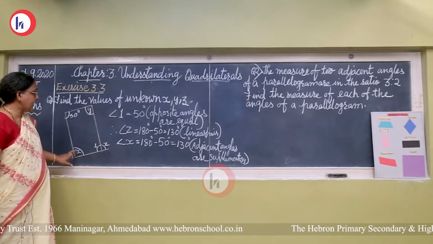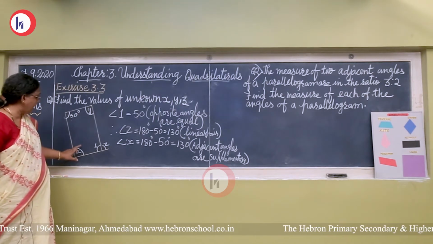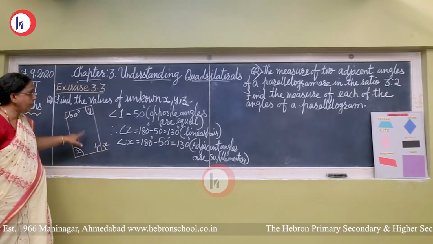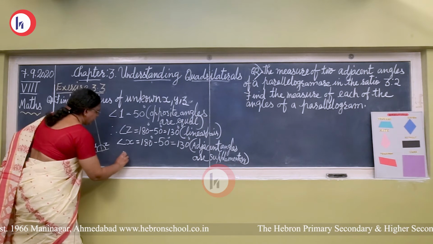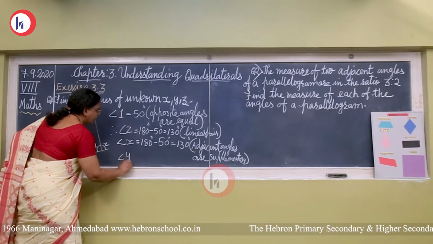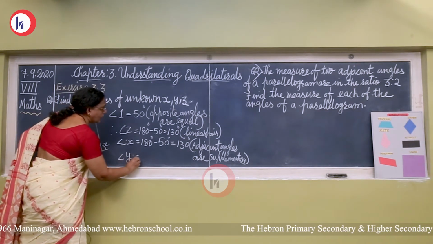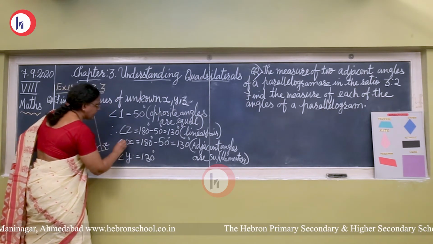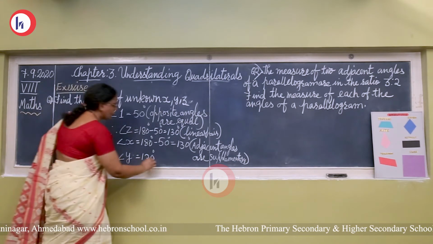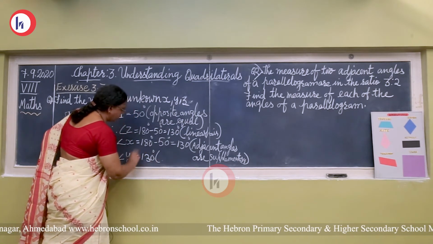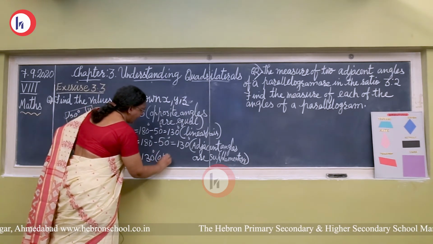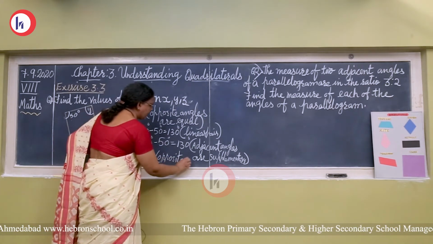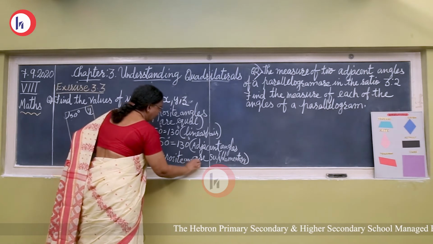Now x is 130 degrees, and y will also be 130 degrees. The reason is: opposite angles are equal. Angle y is equal to 130 degrees because x is the opposite angle of y. So the property we write here is that opposite angles in a parallelogram are always equal.